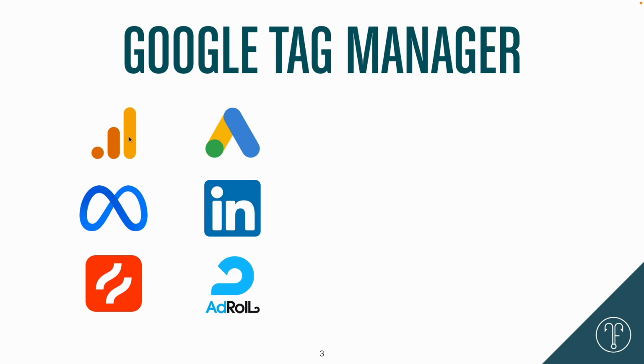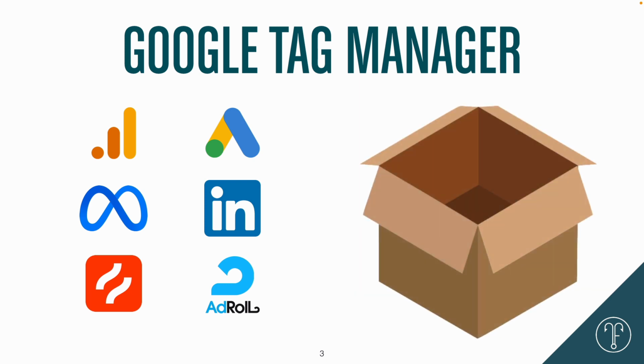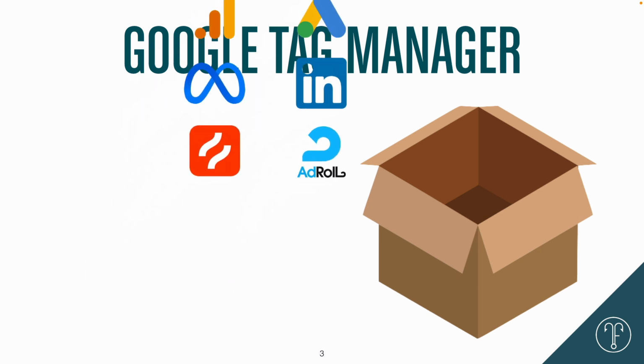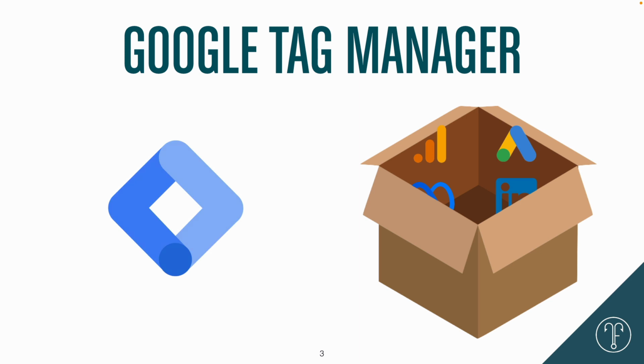Because every one of these has their own individual script, we can go and grab our GA4 tracking code and our Google Ads tracking code and our Microsoft Ads tracking code or whatever it is, or we can use Google Tag Manager. Essentially, Tag Manager acts as a container, and the container is really just one tracking script. So as opposed to all of these tracking scripts, we place one, and through the Google Tag Manager interface, we can fire these tags, but they all kind of live inside of the Google Tag Manager container. Okay, so that's Google Tag Manager. That's the primary benefit of this tool.